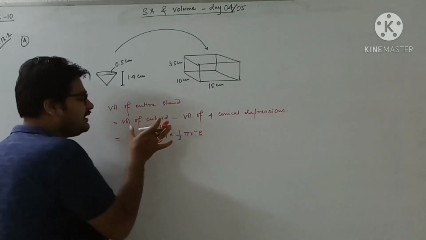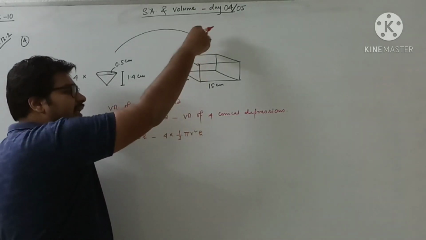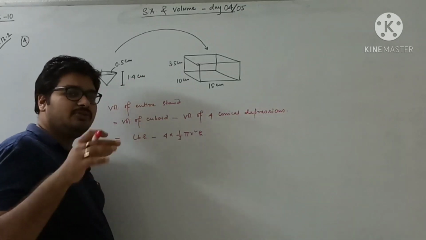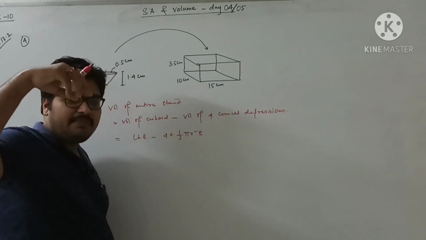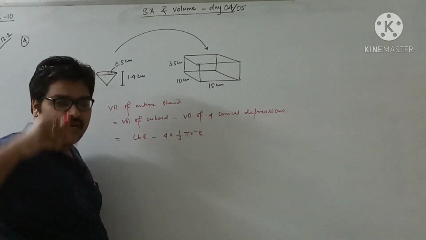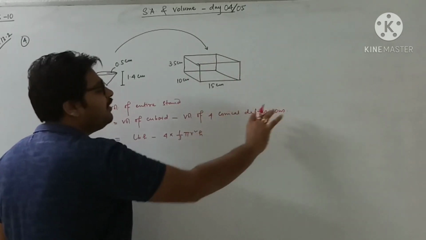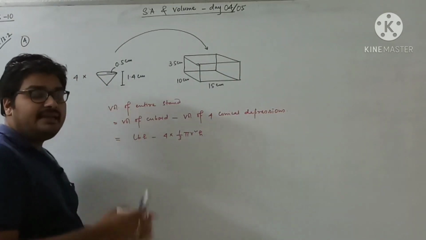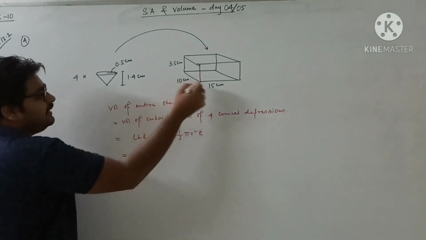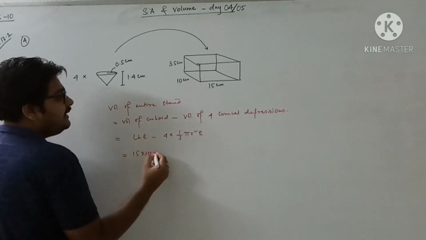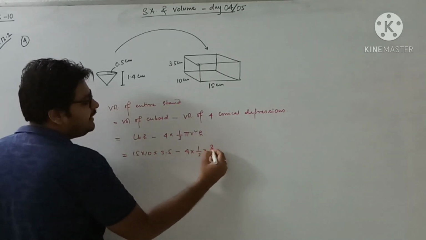And why have I subtracted the 4 conical depressions from the cuboid? Because there are 4 conical depressions in the cuboidal stand, as told in the question, and that particular part is hollow. So from the cuboid, if I subtract the 4 conical depressions, I get the entire stand volume. L is 15, breadth 10, height 3.5, 4 into 1 by 3 into pi, 22 by 7.